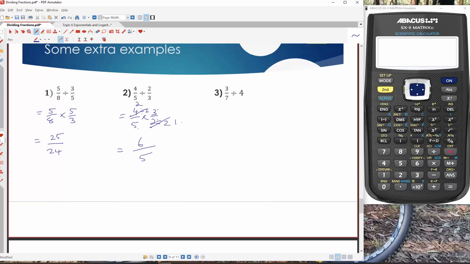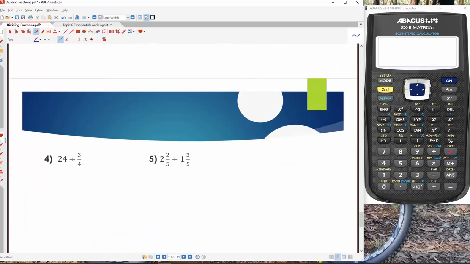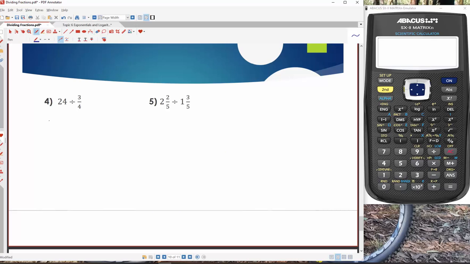All right, what about this one here? Well, I think it's best to actually write that as 4 over 1, so that you've got it as a fraction. Now we know that dividing by a fraction is the same as the first fraction multiplied by the reciprocal of the second fraction. And we can go ahead now and multiply: 3 over 28. Alrighty, this one here, let's rewrite it, 24 over 1 divided by 3/4.